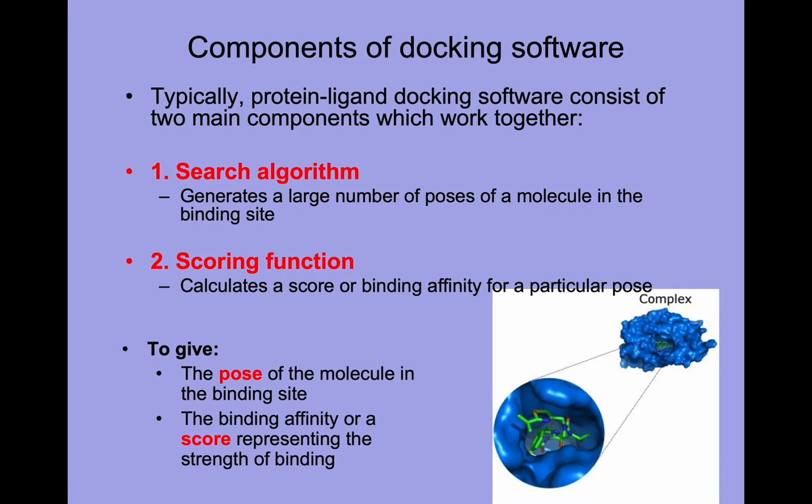I mean, after the docking, we will get a complex of the protein and the ligand. That ligand will be bound in the cavity of the protein or the binding site of the receptor, and then the software will also give us a binding score or affinity score.